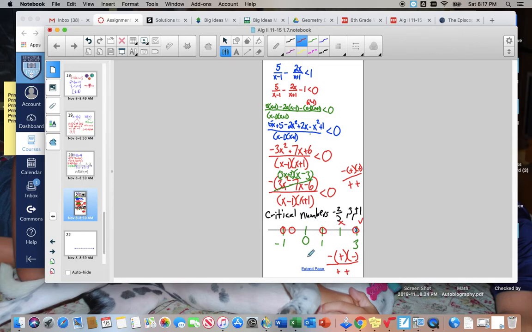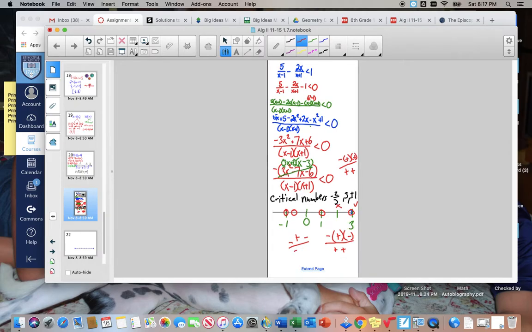Let's choose 0 as our next one. So that'd be negative, positive, negative over negative, positive. So that's going to be a positive on top, negative in the denominator.